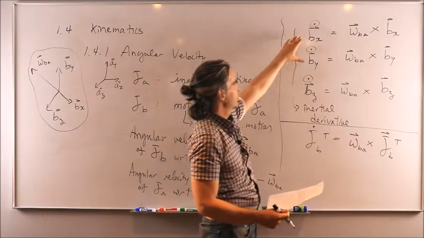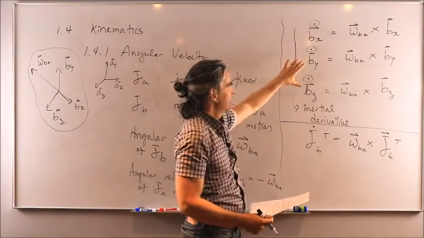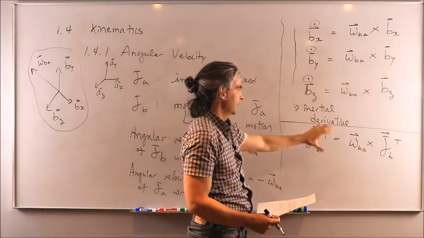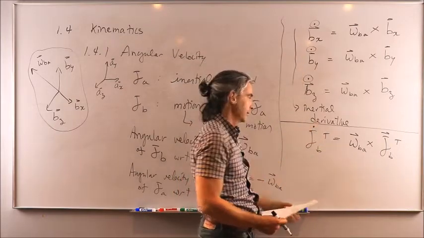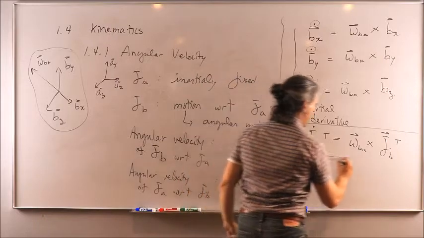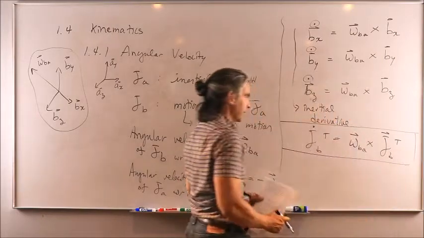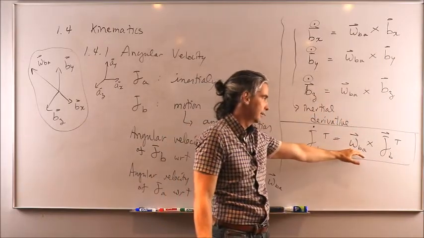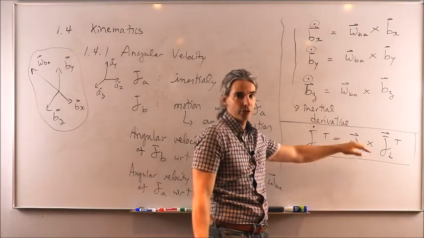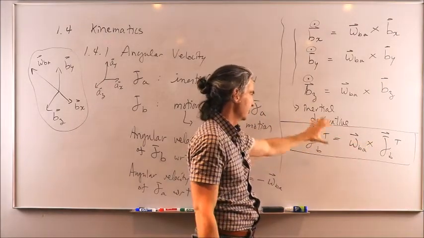I just took those three individual equations and condensed them into something more compact. That's all I did here, using the vectrix notation. Very important result. We're going to encounter that quite a bit in the subsequent derivations throughout the course. So make sure that you don't forget about it.